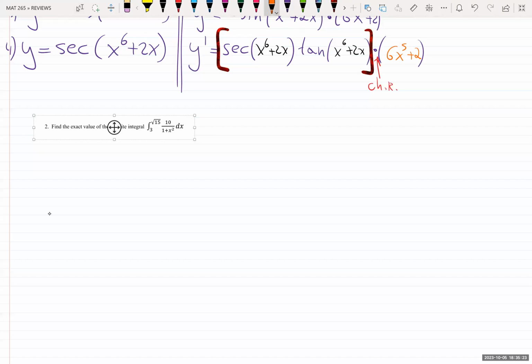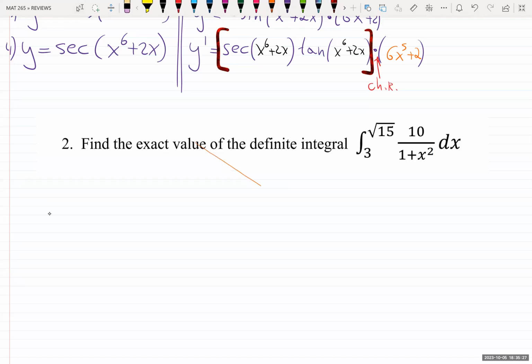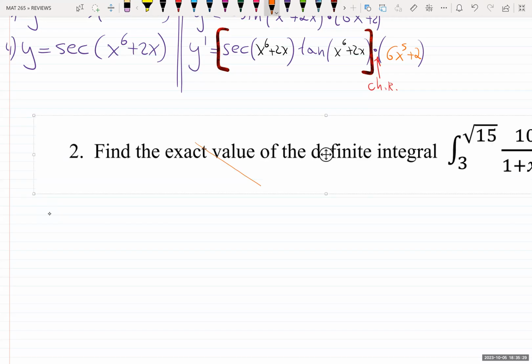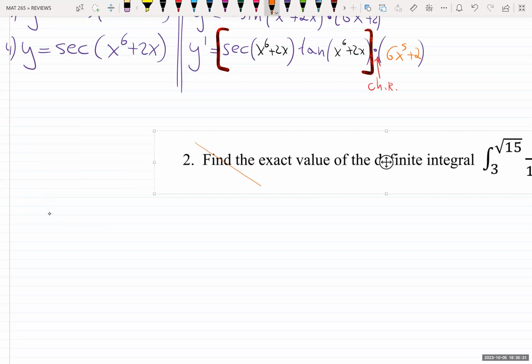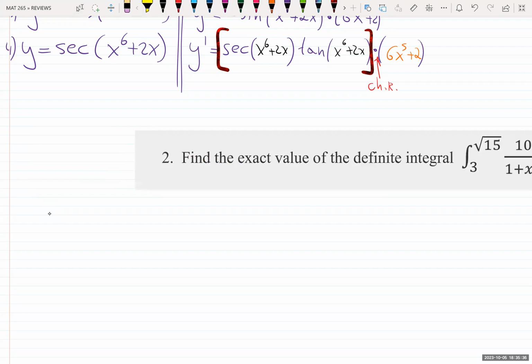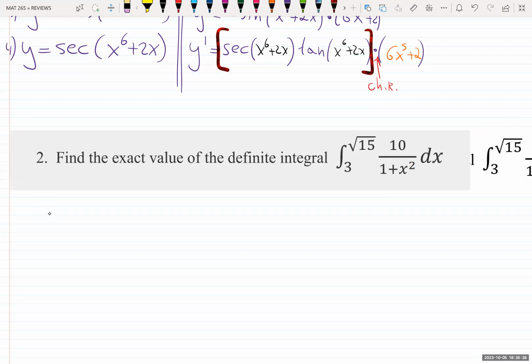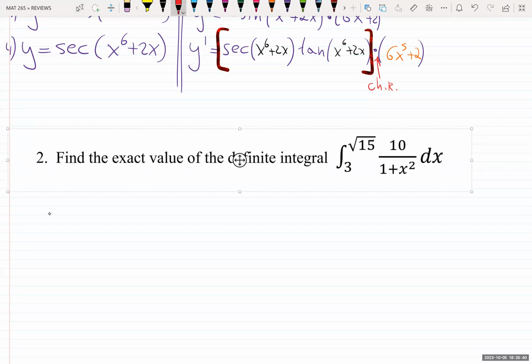So we're going to chapter 5. We're going to chapter 5.3. Chapter 5.3 and 5.4 are about integration. Finally, this antiderivative we keep talking about was connected to integration.